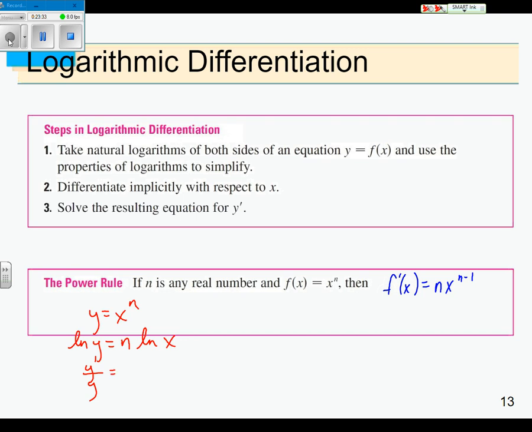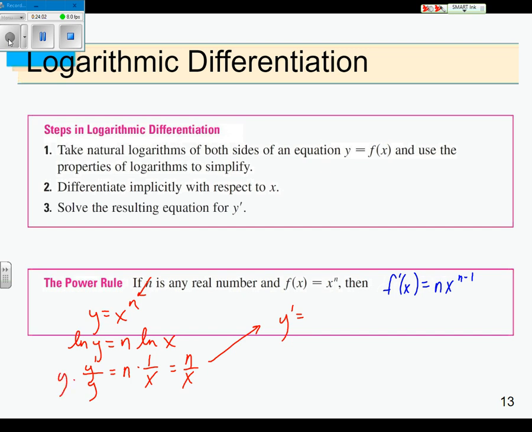If I take the derivative of this, remember n is just going to be a constant, so n is just hanging out. So that's just going to be 1 over x for the derivative of the natural log of x. Well, that's just going to be n over x. And so whenever I multiply both sides by y, remember that y is simply equal to x to the n.